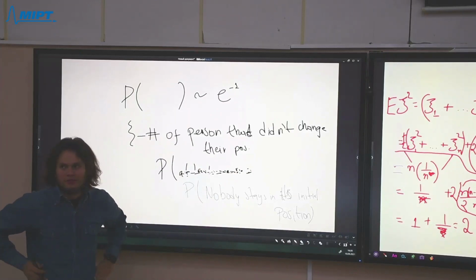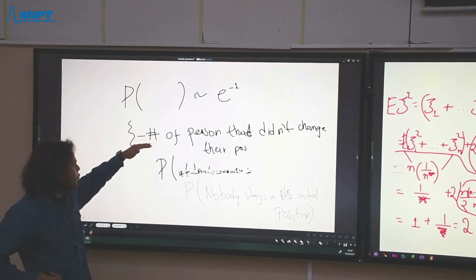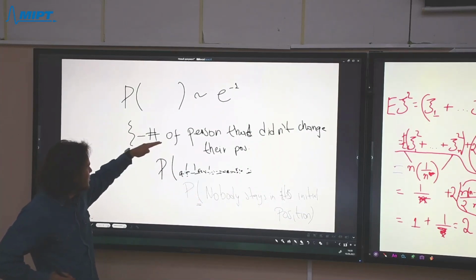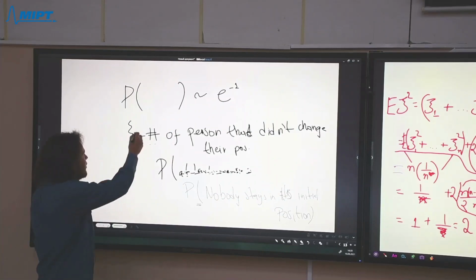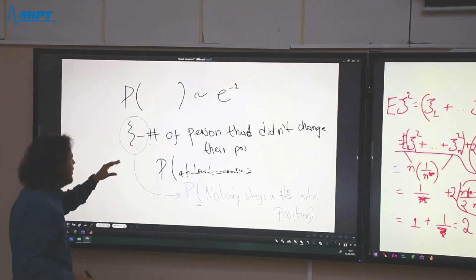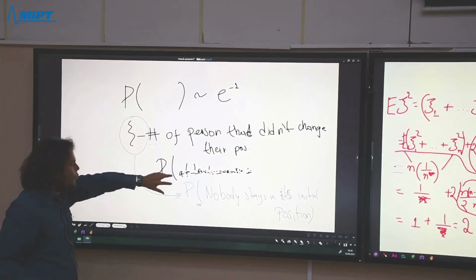So the deal here is that somehow we need to define a random variable using this, but we cannot compute, or maybe we can, I don't know, we can think about that. This random variable somehow with this event here.